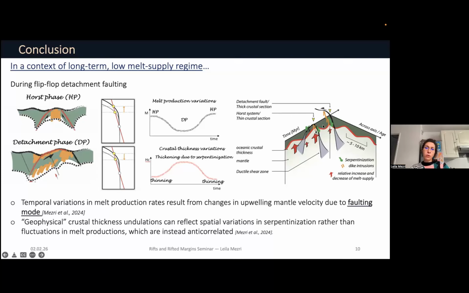If we look at this along-axis and cross-axis variation over 10 to 20 kilometers, this might reflect asynchronous, different snapshots of the spreading in this low melt supply and cold environment.